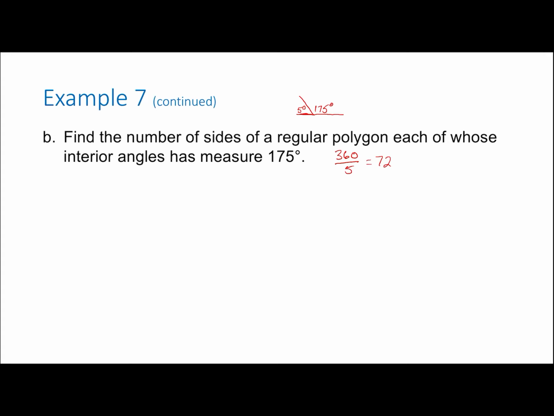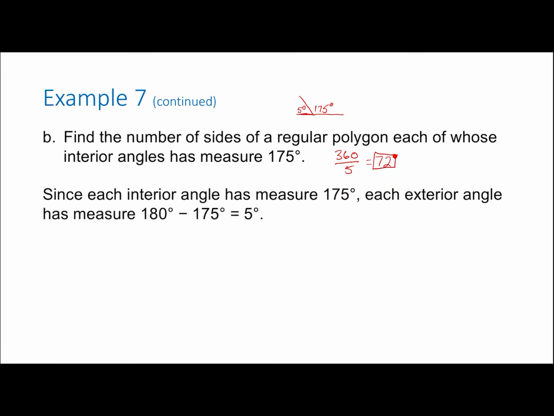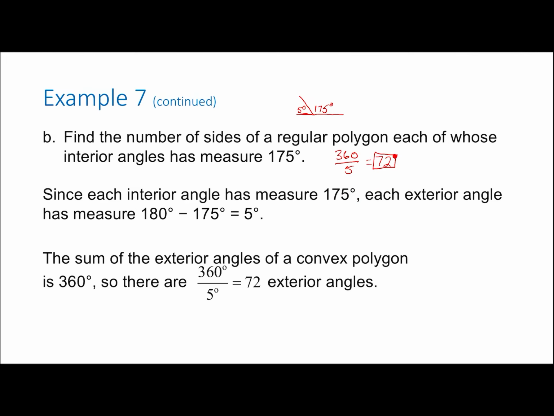The number of sides is what we're looking for. And again, it's a regular polygon, so we know that each of those exterior angles was 5 degrees because all the interior angles were the same. So when you divide 360 by 5, it tells you there must be 72 sides. This is the number of exterior angles, which means it's also the number of interior angles and the number of sides. So 72 is our answer.